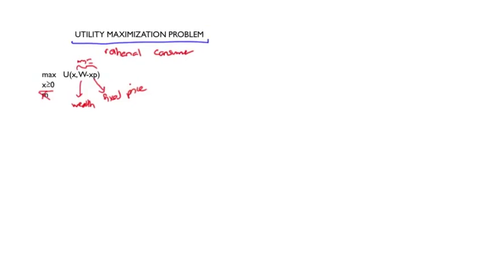By the quasi-linearity assumption on the form of the experience utility function, this problem is equivalent to maximizing over X non-negative the benefit function plus the total amount consumed of the composite good M, which is just W minus XP.